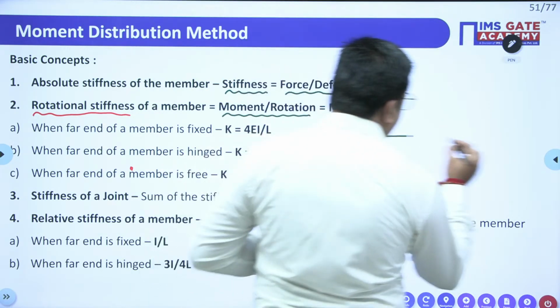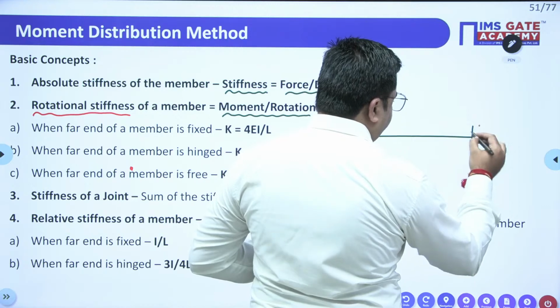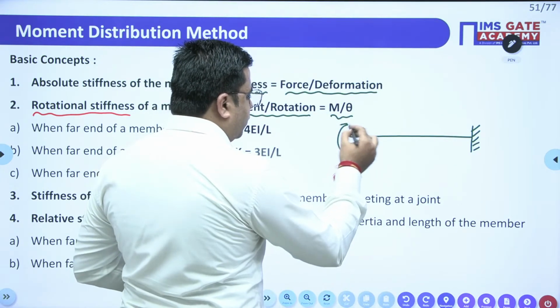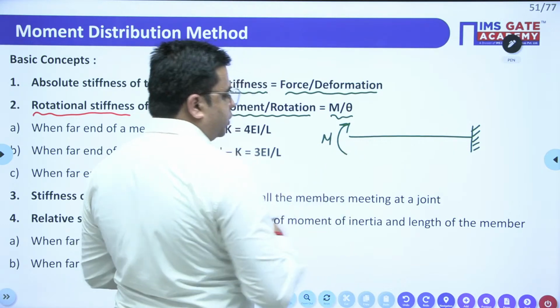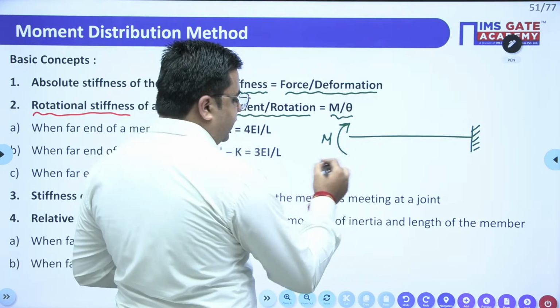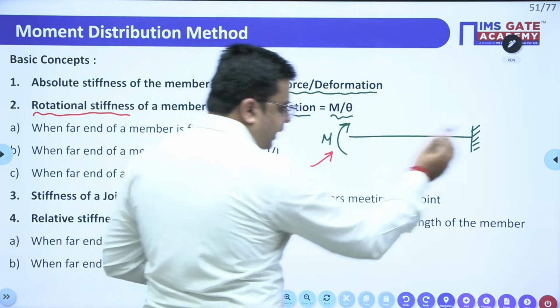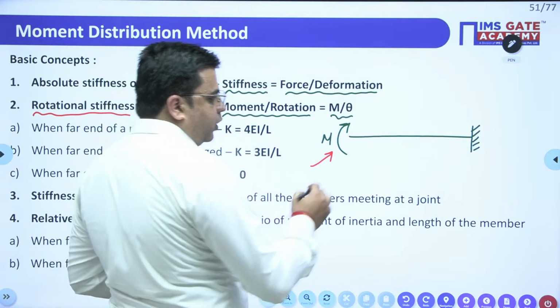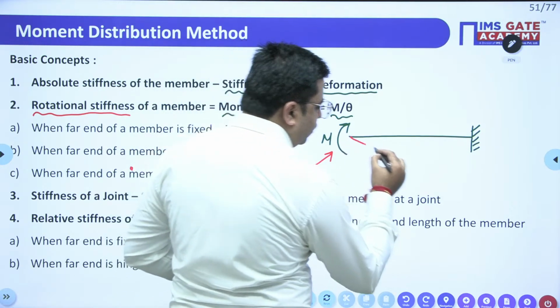When your far end is fixed, the point where you apply the moment is your near end. So here, this is my near end, and that one is my far end.